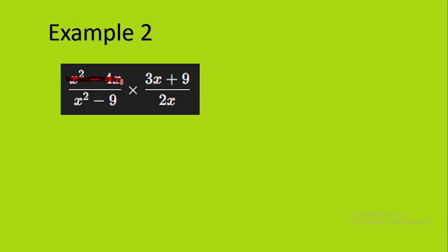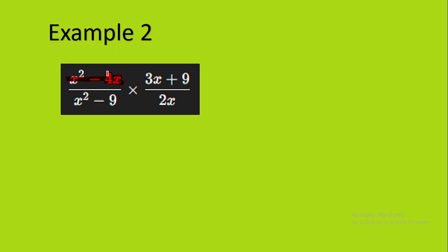First, those persons wondering, sir, we have a 4x. So is that the difference of two squares? No, this is not the difference of two squares because this is just 4x, not 4x squared. This is just 4x, not 4x squared, meaning we just have one x right here, not x raised to the power of 2.